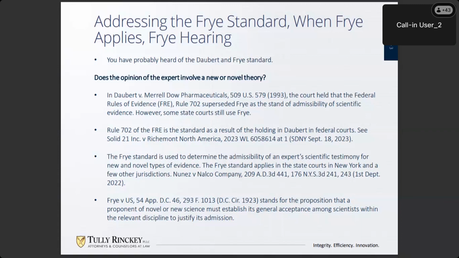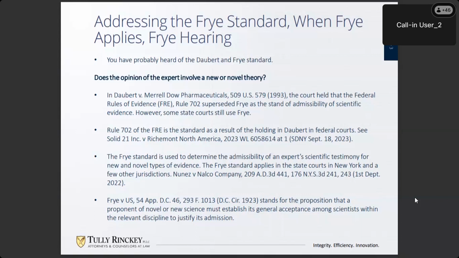I cited a case which is in your course material, Solid 21 Inc. versus Richemont North America. That is a Southern District of New York case, federal court. It was decided September 18th, 2023, and involves cross-examination of experts and motions in limine, and it's an interesting case to read.